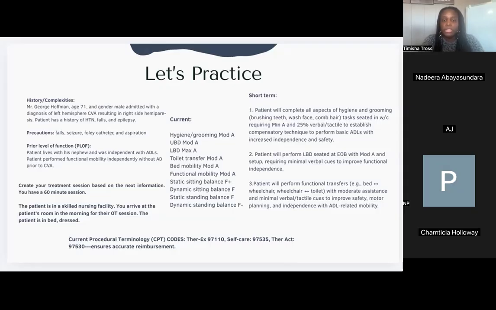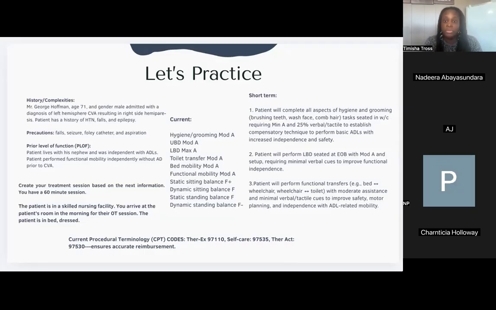So what we will do is create a treatment session note based on the information. Your session is going to be 60 minutes. Let's just go over the current status and short-term goals before I tell you the actual scenario. So currently, this is what the evaluation has said they presented with.